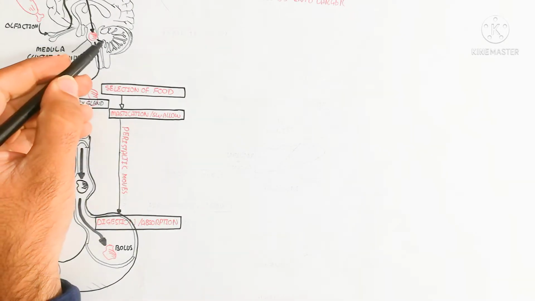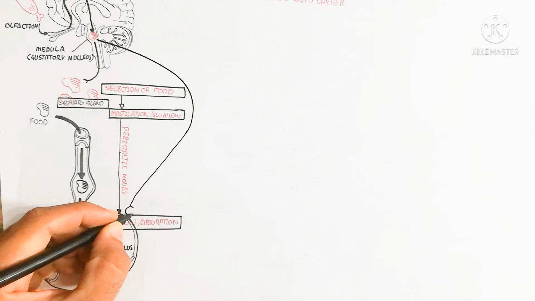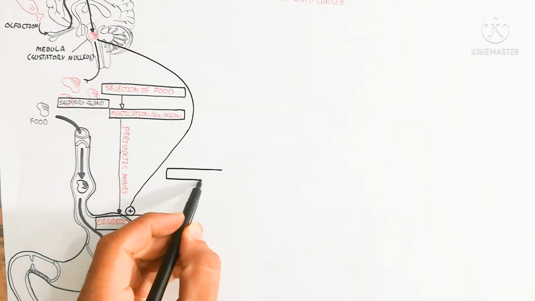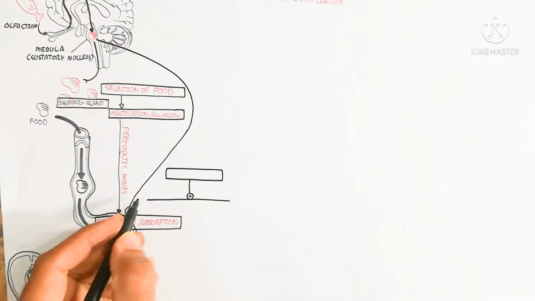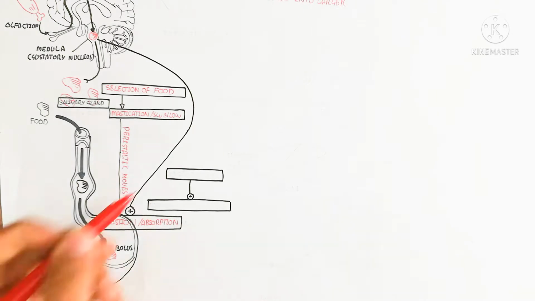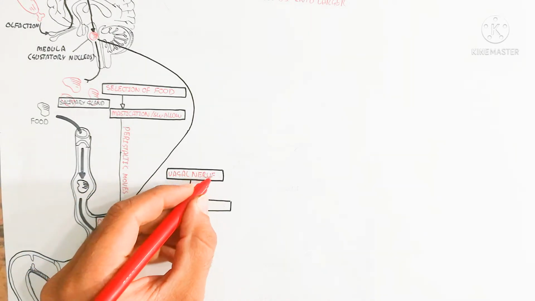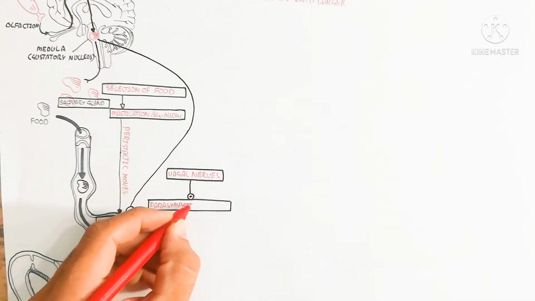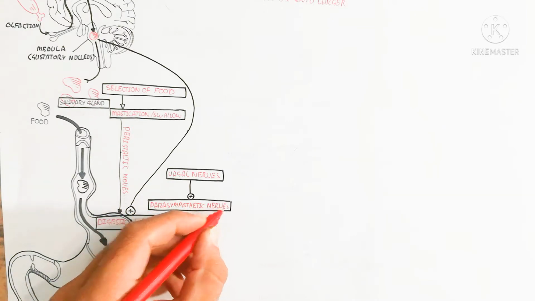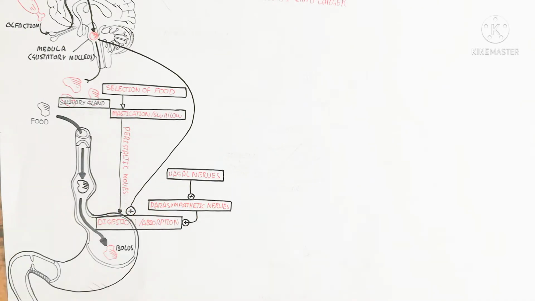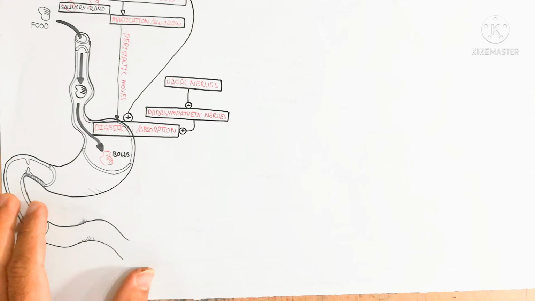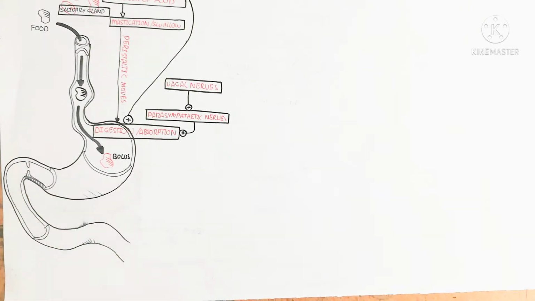This is after the digestion and absorption. The vagal nerve is part of the parasympathetic nervous system, and it allows the back and forth movement for digestion and the secretion of enzymes, as well as hydrochloric acid.